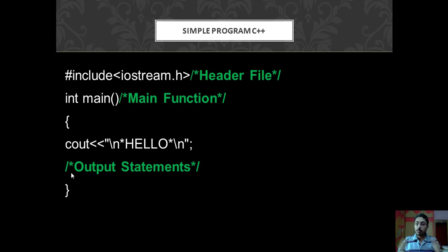These comments are not processed by the compilers. These are ignored directly. So while doing the compilation, the compiler will ignore these comments. It will not process them. And these comments are only meant for understanding purposes. So when another programmer or team member joins you during the programming, they will understand for what purpose this particular line or this code is written.